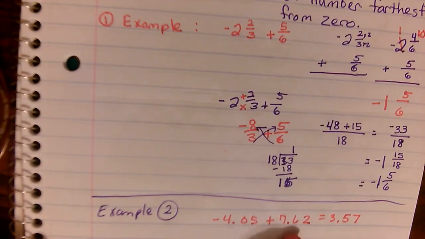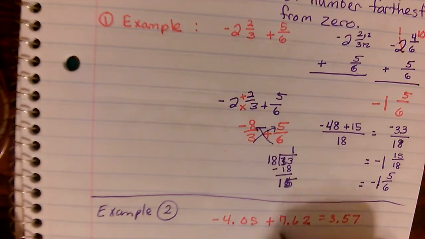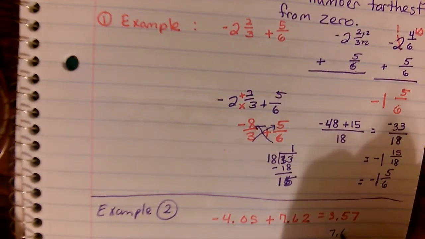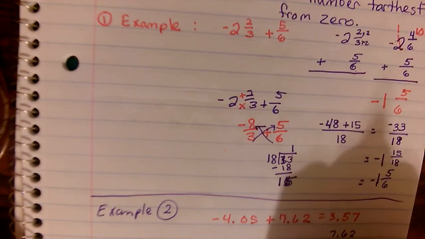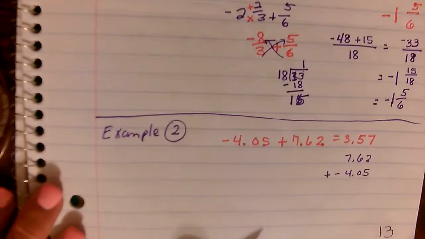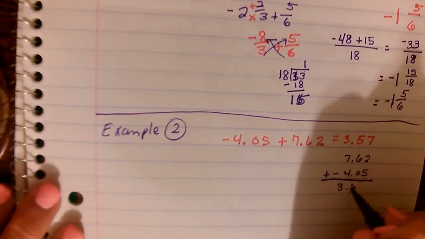The rules: the signs were different, we subtract. You could have lined these up top to bottom like this. Put the one with the larger digits on top, 7.62, plus negative or minus, which means the same thing, 4.05. You'll get the same answer, 3.57.